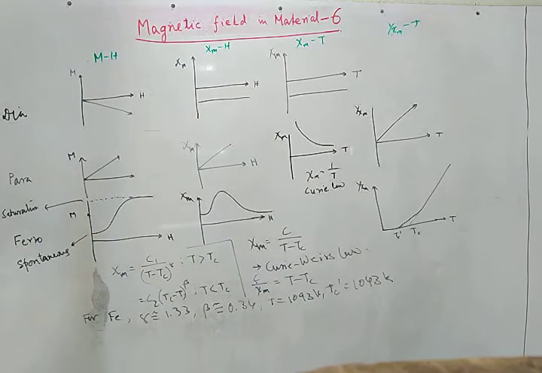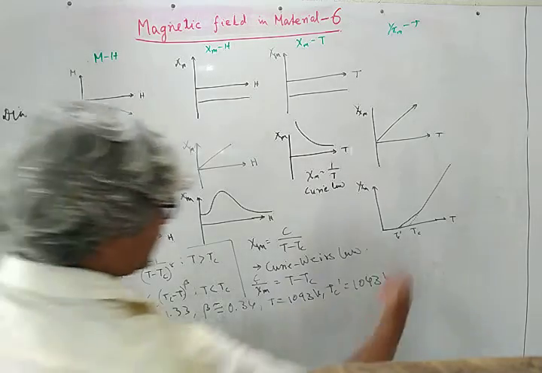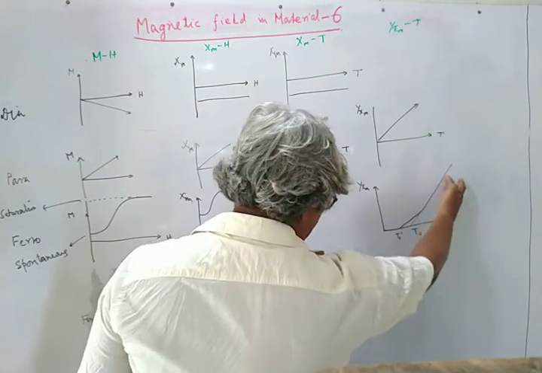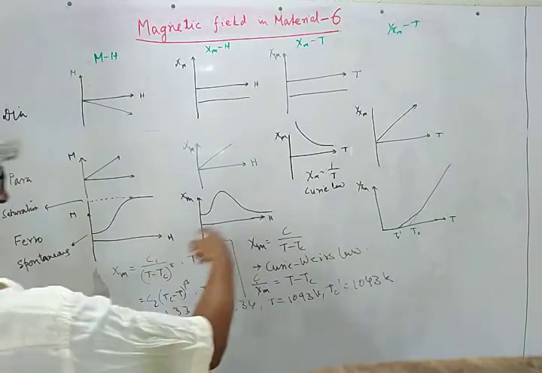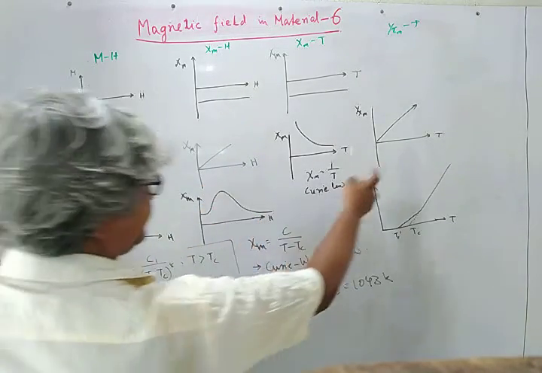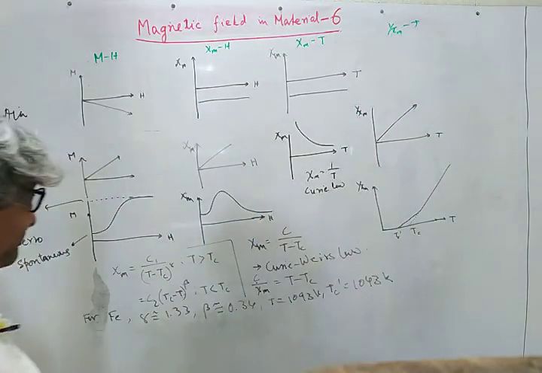The interesting thing is that this ferromagnetic substance behaves as ferromagnetic for temperature less than the critical temperature, or the Curie temperature, and above the Curie temperature the material becomes paramagnetic. That is apparent from the fact that at high temperature this graph is a straight line graph, which is the characteristic of paramagnetic materials.